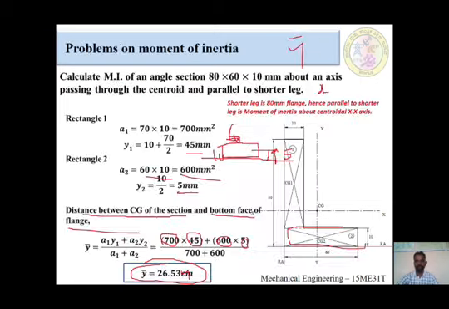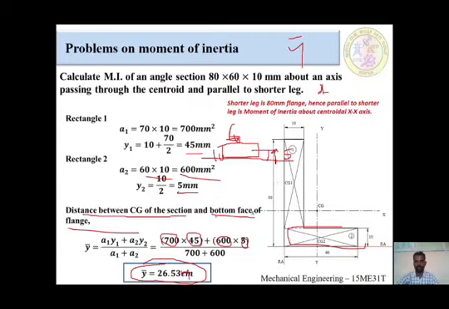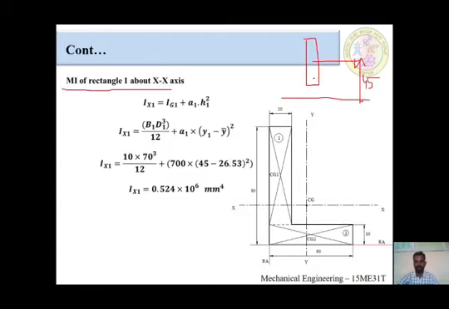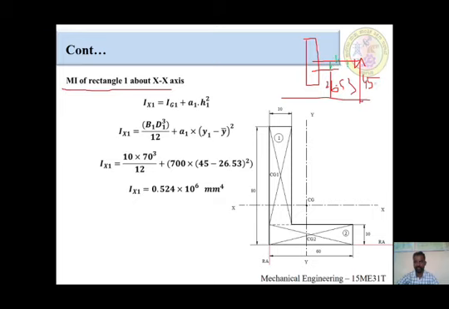How much did we get previously? We got 45. This one is 45. Okay, y bar, how much did we get? 26.53. From here to here is 26.53. This much we got. Okay, after that, what is the distance left? This value we call the h1 value. How much do we take?